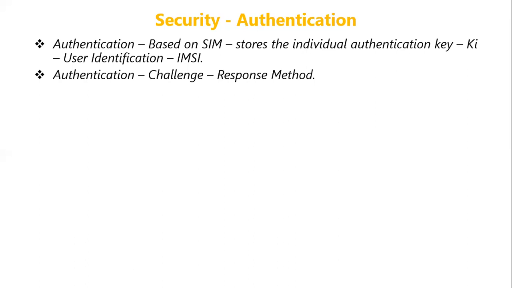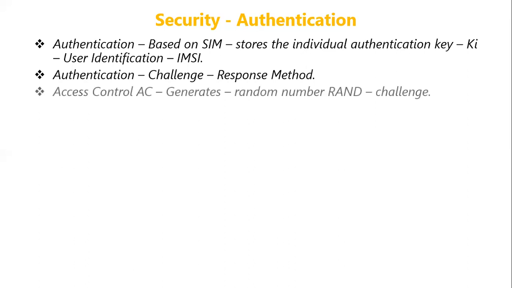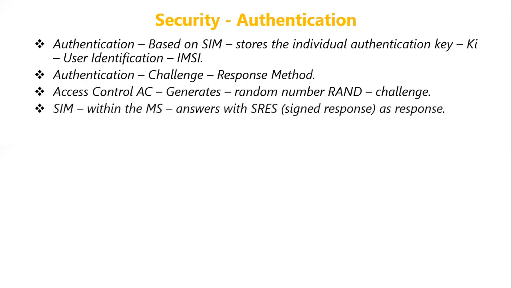The SIM stores the individual authentication key called KI, and also the user identification IMSI, and the algorithm for authentication. The algorithm that is used for authentication is A3. All these will be stored in the SIM: the authentication key, the IMSI number and the A3 algorithm, that is, the authentication algorithm.